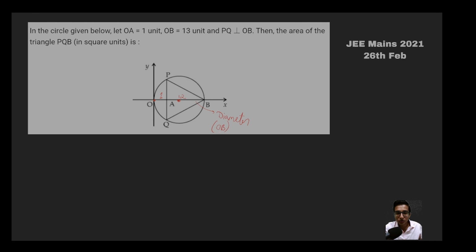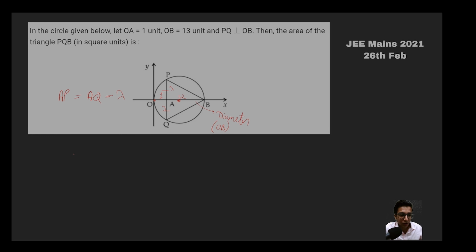And if OB is our diameter and PQ is perpendicular to OB, then AP is equal to AQ, and let us say this is some random variable lambda. Let us assume this is our lambda.